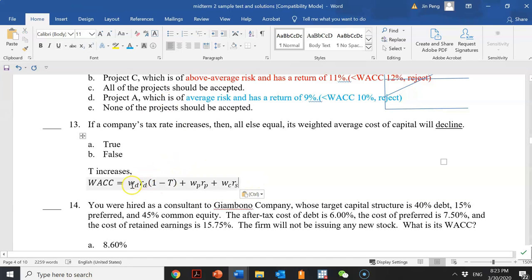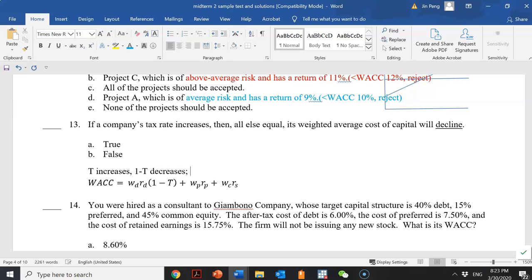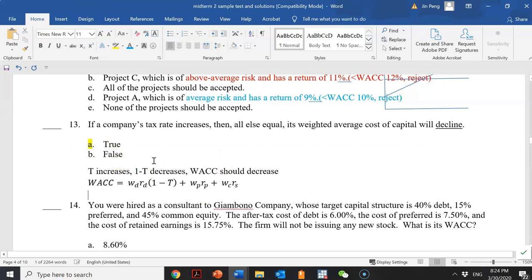So it's the 3 weights multiplied by the 3 returns, and for debt, we have the tax adjustment. When T increases, 1 minus T will decrease, right? So WACC should decrease too. So this statement is actually true.